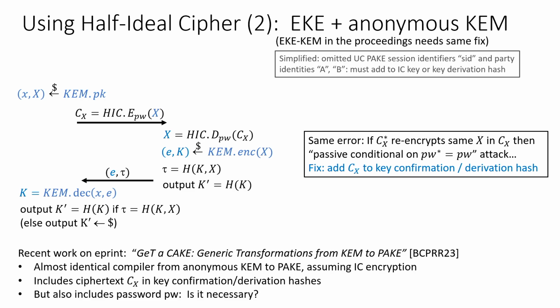And Beguinot et al. have a paper that has an almost identical compiler. There are differences in how the key derivation is done, and there are some questions about what is necessary and sufficient in key derivation.